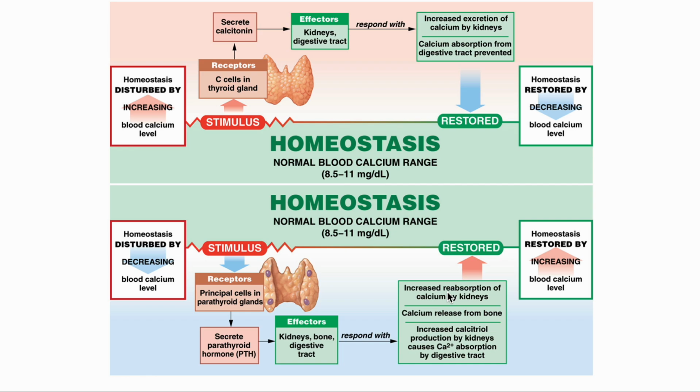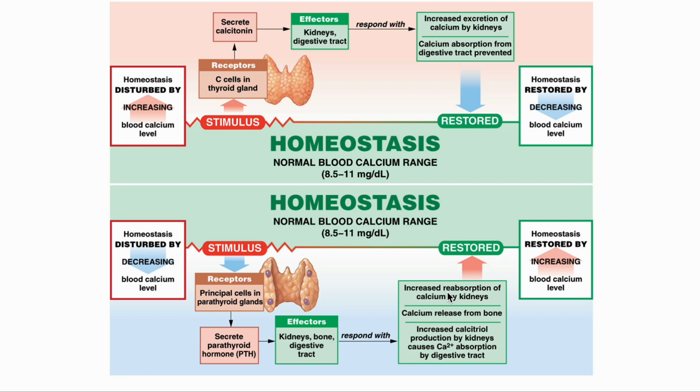So we're not going to let it go in the urine. We are also going to activate osteoclasts. And so the osteoclasts, remember that from A&P1, they're going to chew up the bone and release calcium into the blood. So that will help increase calcium levels.